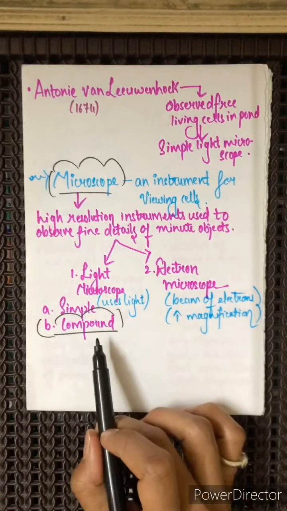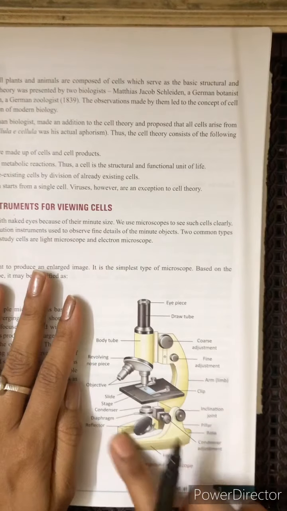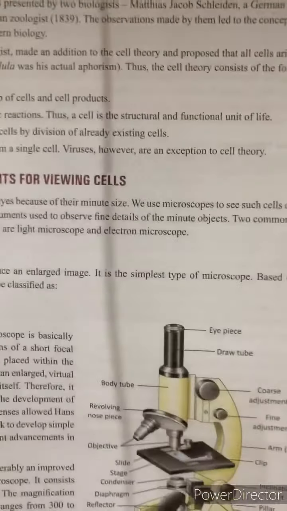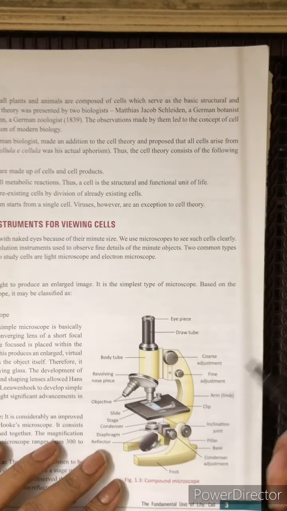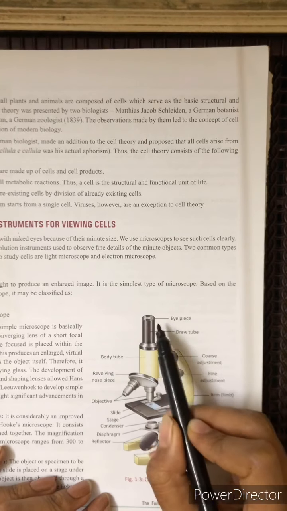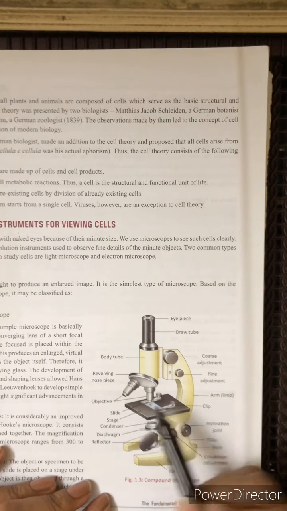Now the compound microscope looks something like this, as you can see in the picture. It has various parts such as the eyepiece, from where we are going to visualize the sample which is going to be placed over here.